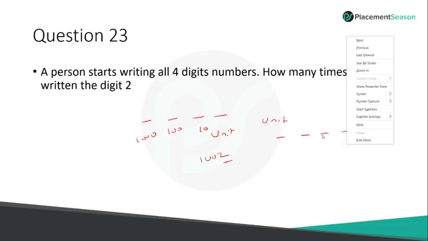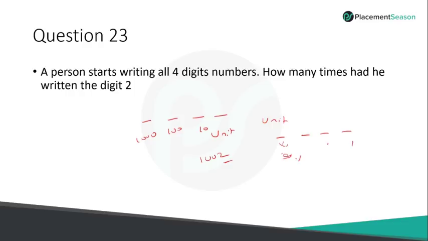Since repetition is allowed, you cannot start a number with 0, correct? So 9 into 10 into 10, so totally 900 different ways.